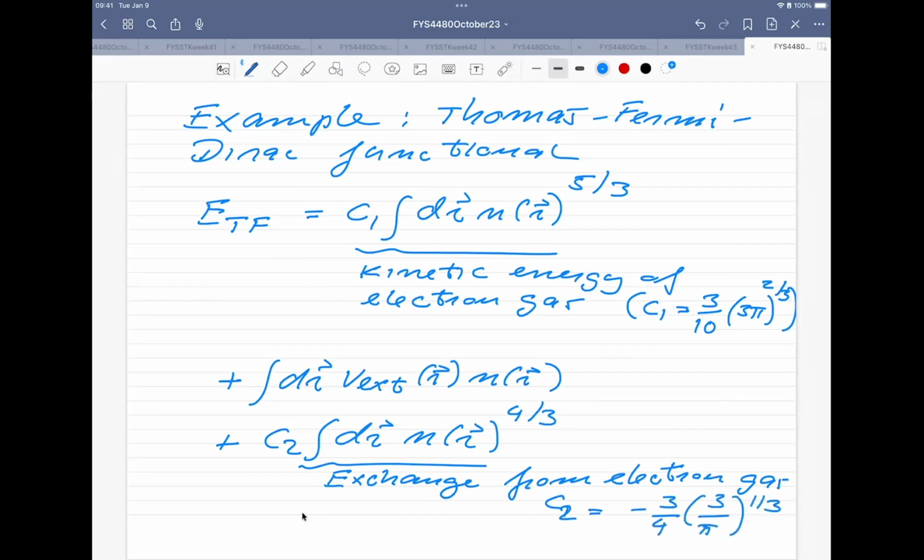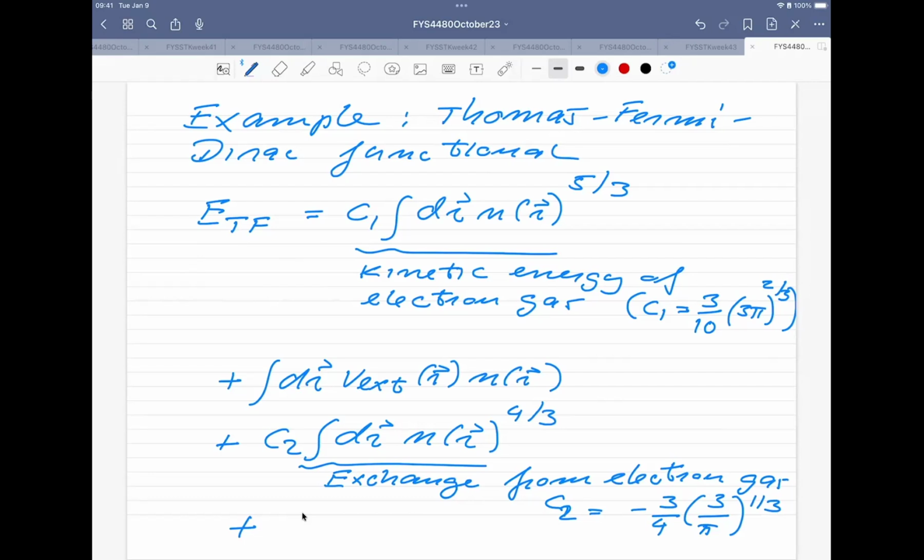And finally, there is an additional term, the final term, which is the Hartree term, the direct term. Just as a reminder, for the electron gas, the direct term was cancelled by the electron-ion background interactions plus the ion background interaction.